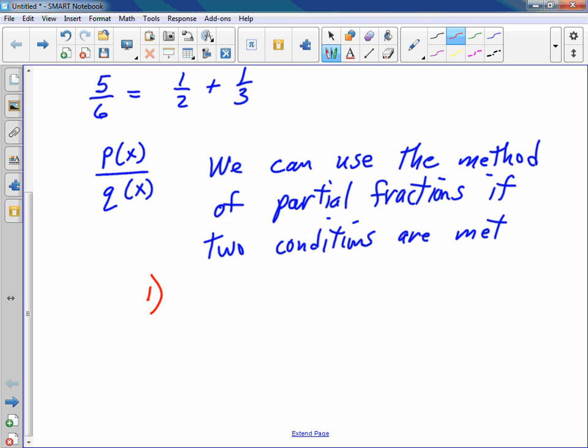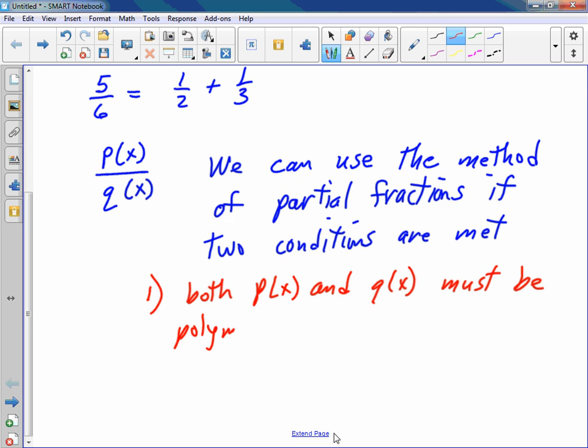So both p of x and q of x must be polynomial functions.